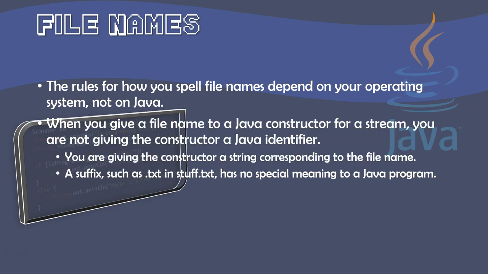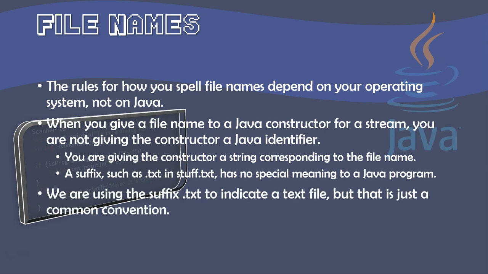Now, when you give a file name to a Java constructor for a stream, you're not giving the constructor a Java identifier. Instead, you're giving the constructor a string that's corresponding to that file name. A suffix such as .txt in stuff.txt has no special meaning to the Java program. In fact, Java could care less what that file extension is. Instead, we're using that suffix txt to just indicate a text file, but txt is just a very common convention that is used for text files.